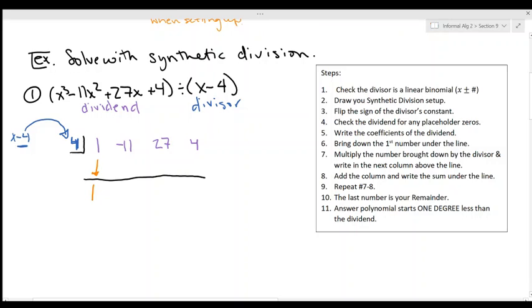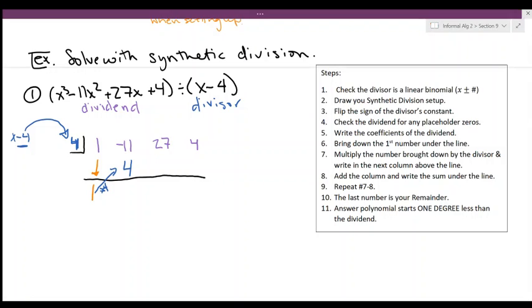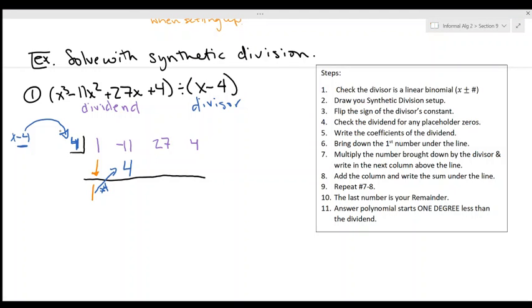Our divisor is 4, so we multiply by 4. 1 times 4 is 4, and we write that 4 above our line underneath the next column of numbers, underneath this negative 11. Now you add this column together and write its total underneath. Negative 11 plus 4 gives us a negative 7.